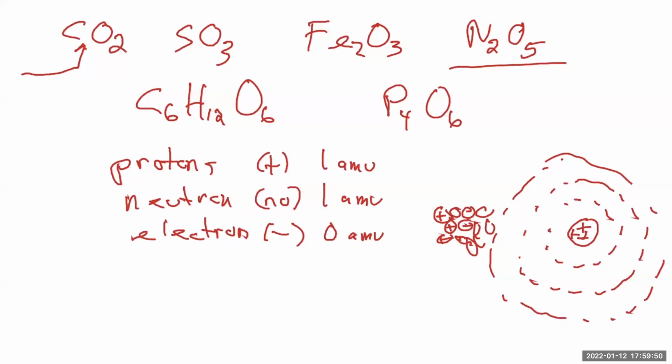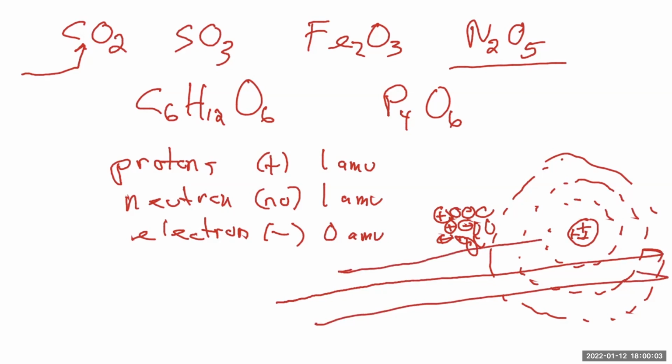The nucleus is dense and compact in the center. So they've done experiments with Rutherford. They'll shoot a proton beam at this. And most of the time, these go right through. Every once in a while, it'll hit the center of the nucleus and deflect. So that's how they could tell that most of the atom is space, because you shoot protons at it and most will go right through. Every once in a while, it'll deflect.